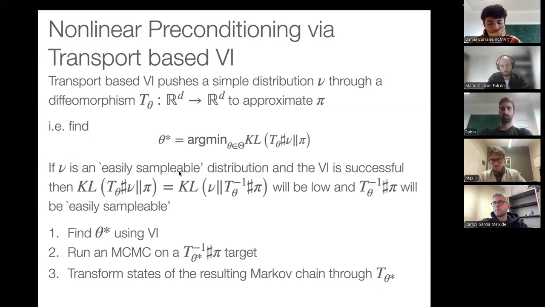We know that the MCMC is going to run well if the VI works well, because then pi pushed forward through T inverse is going to look like a very easily sampleable distribution. After running that MCMC chain, we'll have a chain whose states are approximately distributed according to this target. Really we want states distributed according to pi, so we just apply T of theta to every one of those states to undo the action of the inverse diffeomorphism.